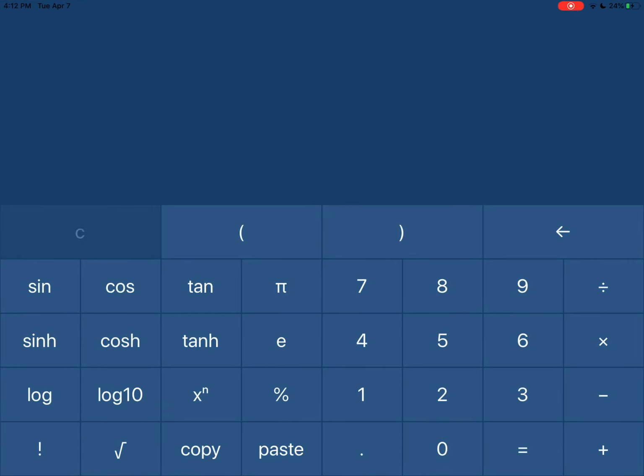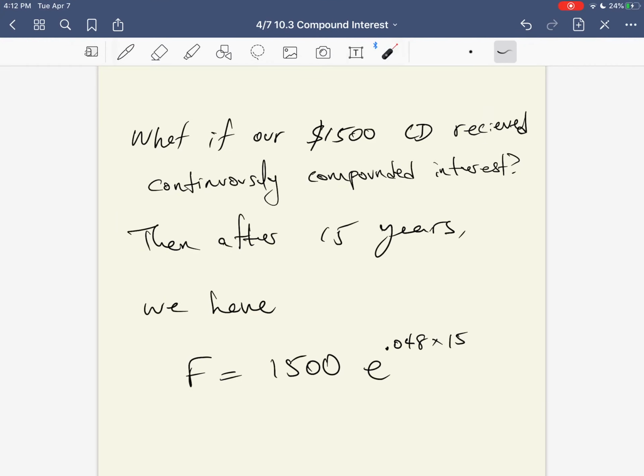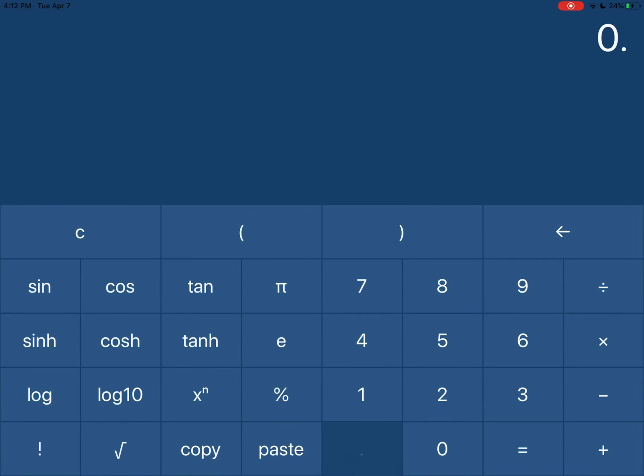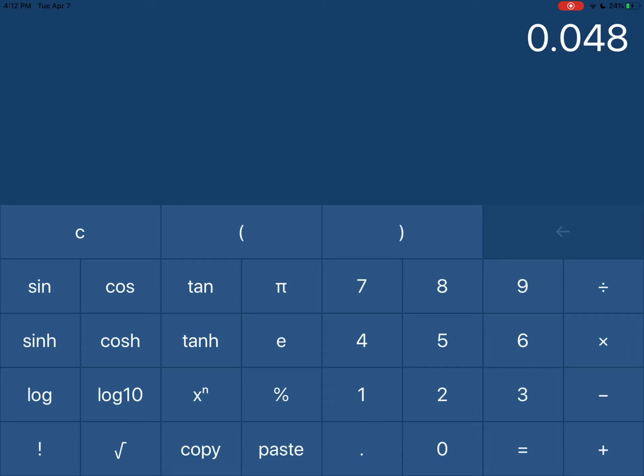You can still use most calculators to do this. What I would do is the order of operations back. First I would do this one, then click the e button, which raises e to this power, and then multiply by 1500. So that's 0.048 times 15. And then I'll click e. Oh, no. Gotta be careful with these kinds of calculators.